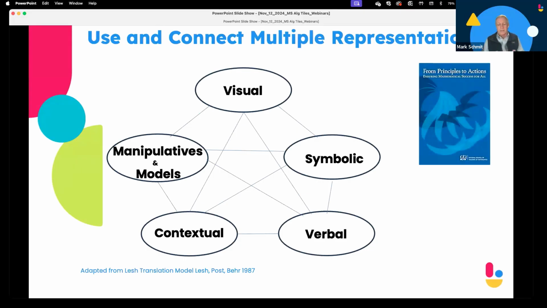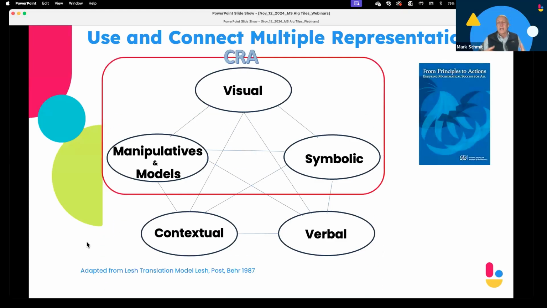But in that, they talk about effective teaching practices for math and the idea of using and connecting multiple representations. And within Principles to Actions, we see this model that you see on the screen that we often see in some form or another when we're talking about manipulatives.